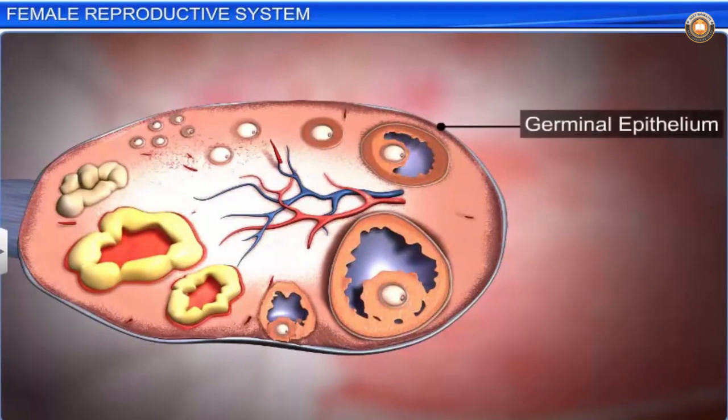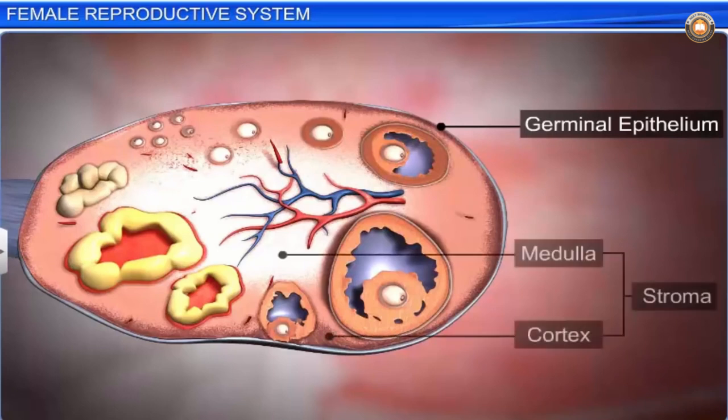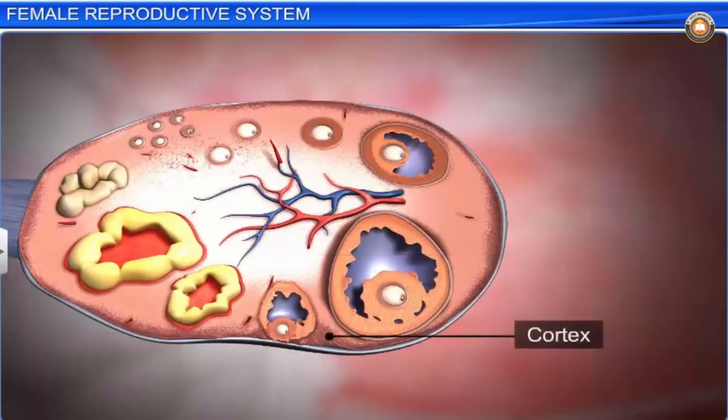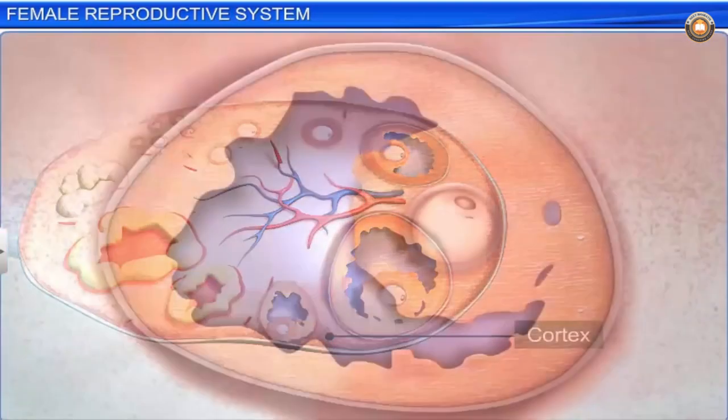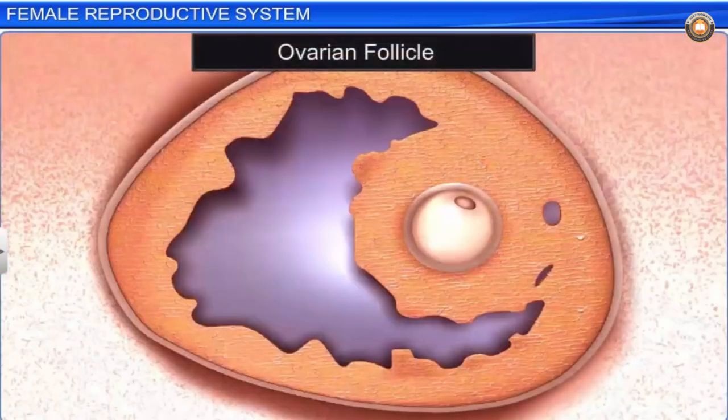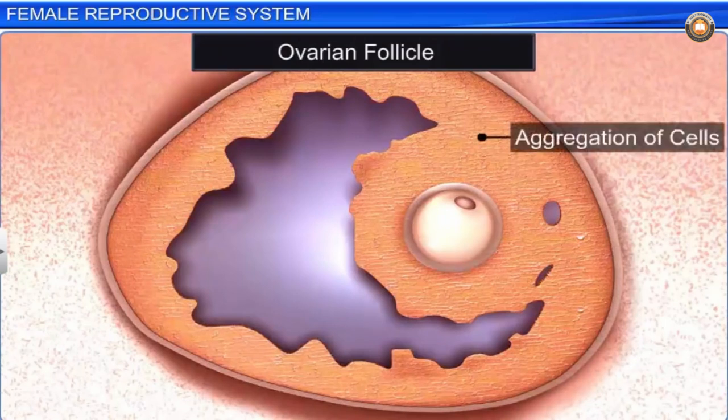The germinal epithelium encloses the ovarian stroma, which is further divided into the outer cortex and the inner medulla. The cortex consists of many ovarian follicles in different stages of development. The ovarian follicle is the basic unit of the female reproductive system and is composed of roughly spherical aggregations of cells found in the ovary.